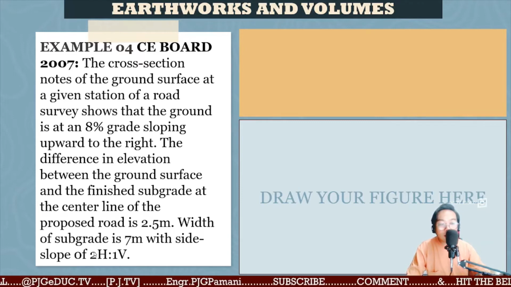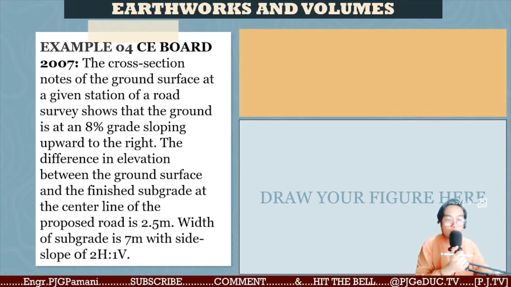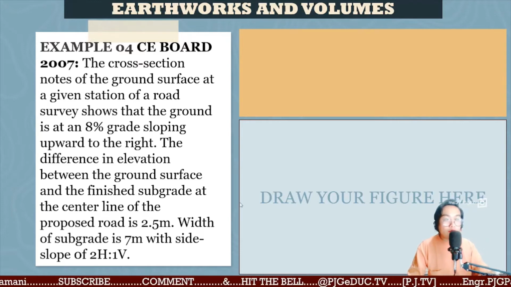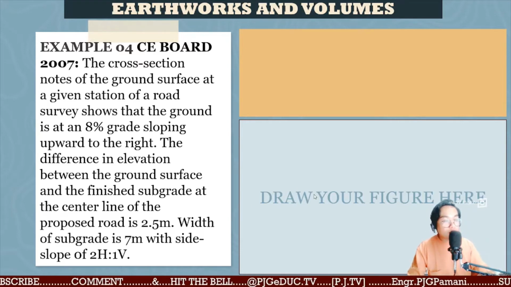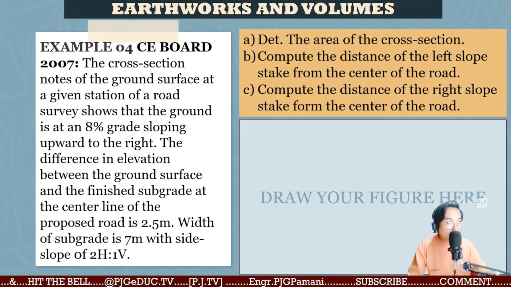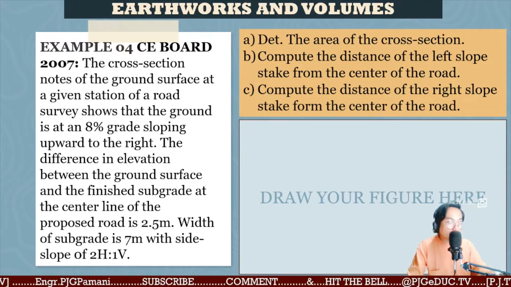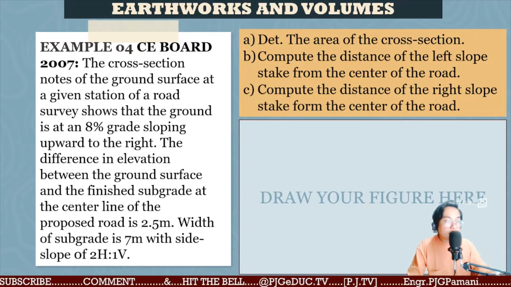Width of subgrade is 7 meters with side slope of 2h, 1v. 2 horizontal and 1 vertical. You're now asked to determine the area of the cross section. Compute the distance of the left slope stake from the center of the road. Compute the distance of the right slope stake from the center of the road.